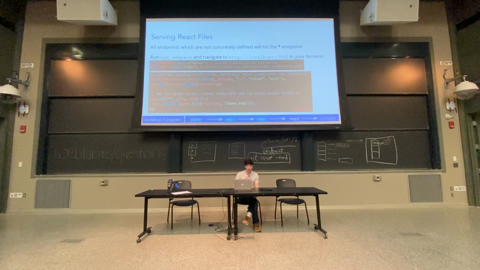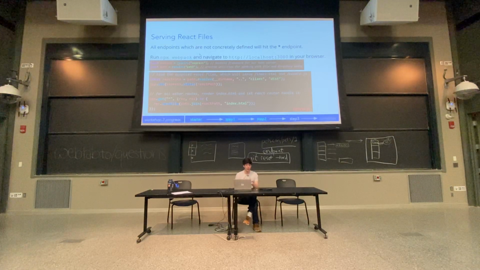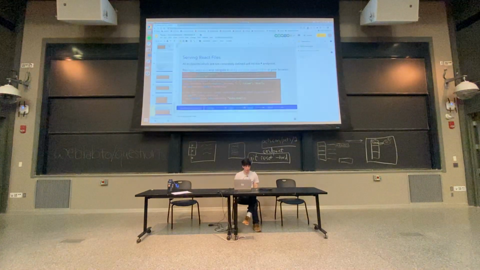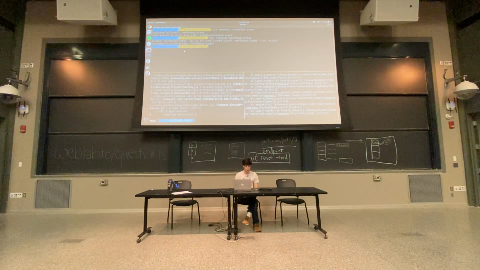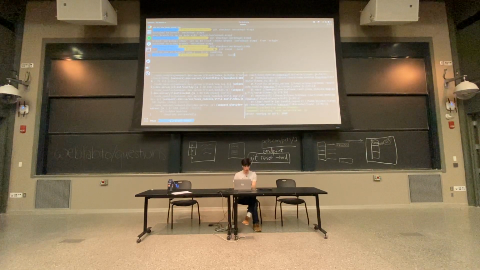I'm going to walk over this code with you, but I also will explain how we're going to get access to this information. So first, if you remember, let's just run npx webpack and see what it does. First, let's go to step 3. I'm going to git reset --hard to get rid of my changes.